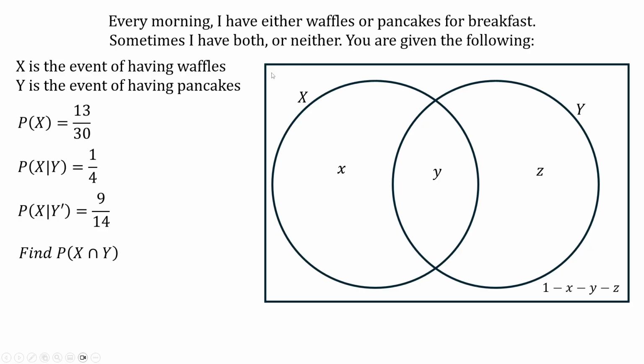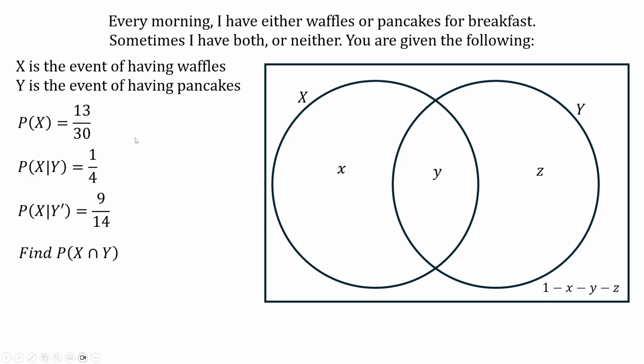So if we translated it to an algebra question, we'd ideally use this setup. Okay, I would use x here, y here, z here, and then 1 minus x minus y minus z is just everything else. Be careful, you do need the outside, don't forget about it, because the question says I could have neither. So this outside probability here is non-zero, right? So there is a chance that I have neither, in which case I'd be on this outside section.